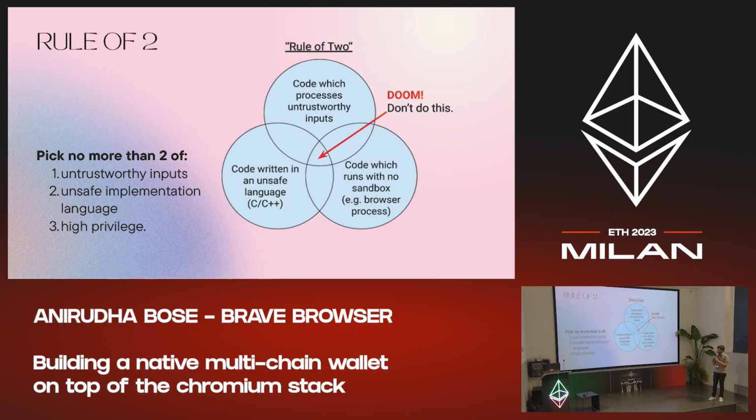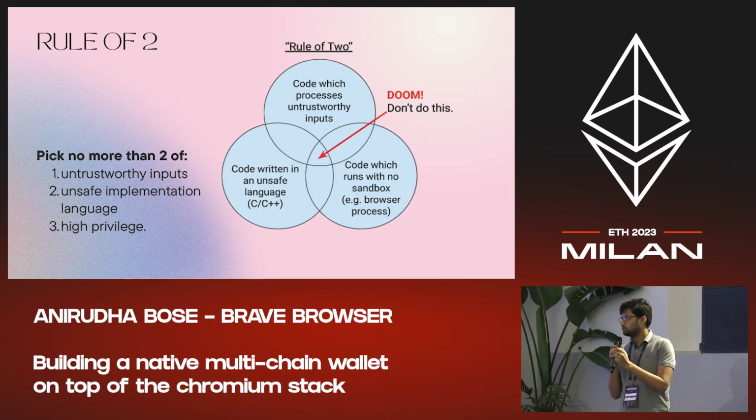One, untrustworthy input. So that would be the NFT image that you are rendering on your screen, or third-party API responses. Two, unsafe language implementation. So anything you write in C++ or C, that's considered unsafe. So what's safe? Rust is safe.